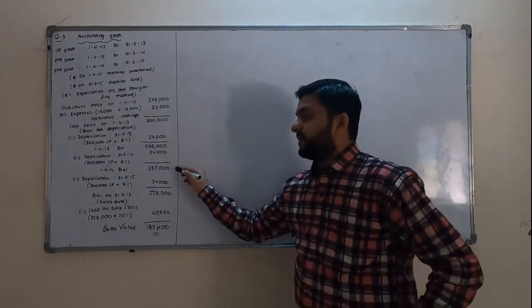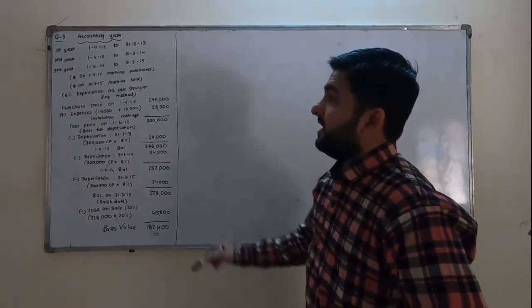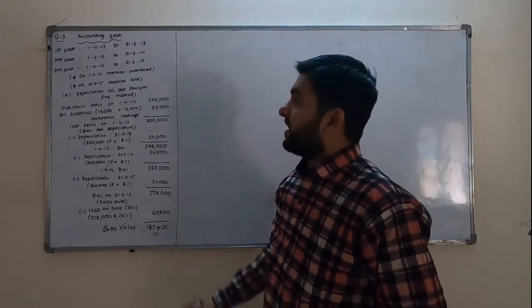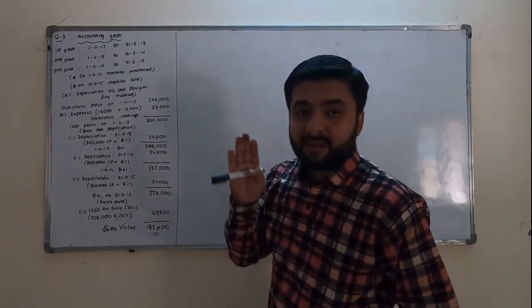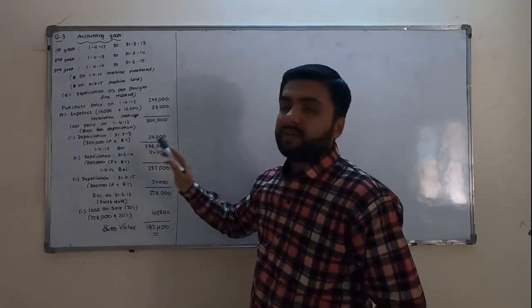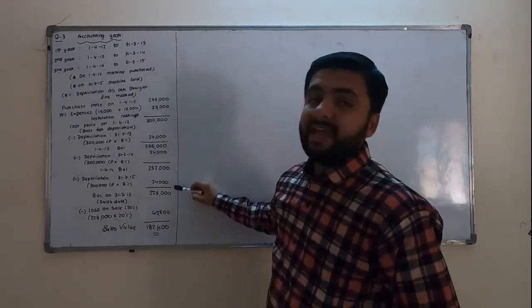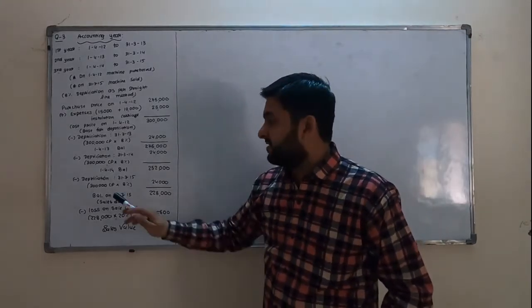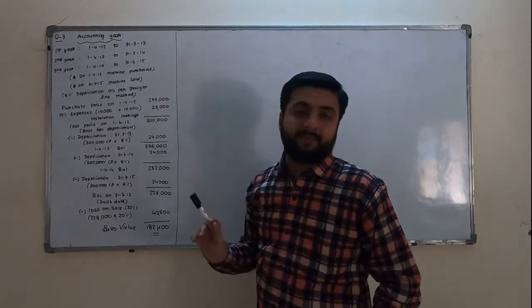On 1/4/14 its value will be 2,52,000. Again one more depreciation is required because on this day we are selling, so depreciation should be done till this day. Now 1/4/14 to 31/3/15, here see everywhere the difference is 12 months, so directly we are taking 8%.